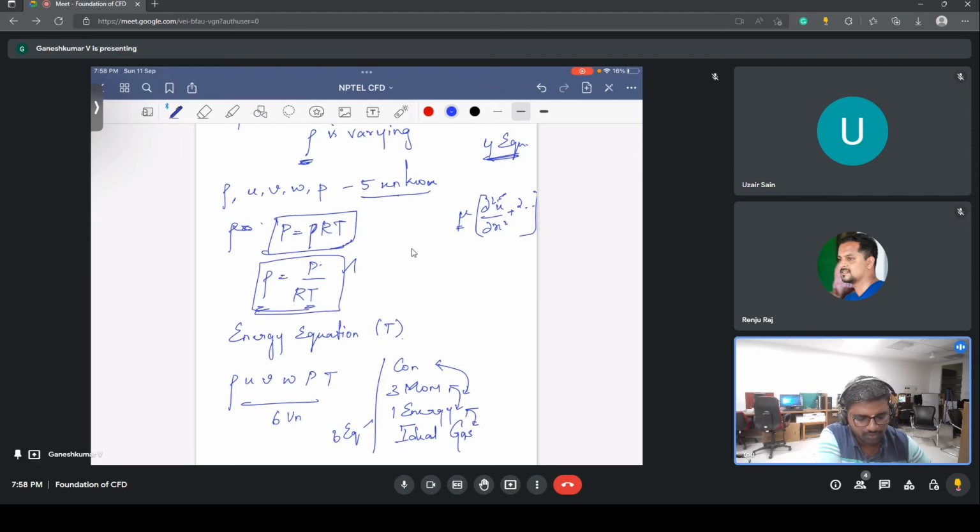So how do you say that it is less dependent on temperature? Because rho is directly dependent on pressure and inversely dependent on temperature. When the temperature increases, rho is going to decrease, right? So you can't say this is major and this is less.